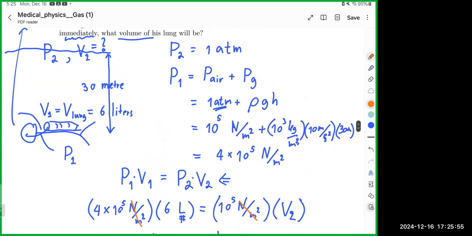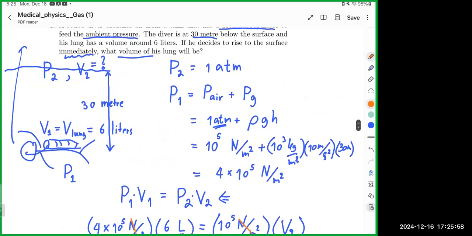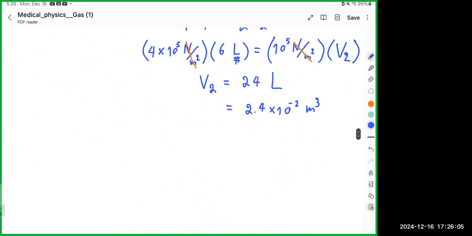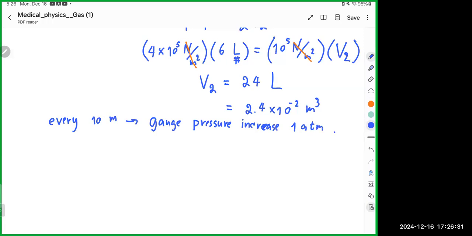And another way is very easy because you can approximate the pressure. As you can see, I always tell you that every 10 meters, the gauge pressure increases 1 atm, right?